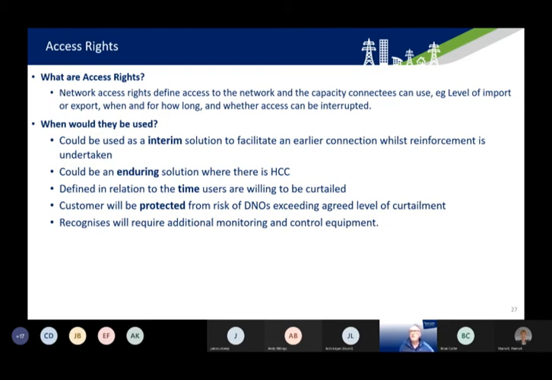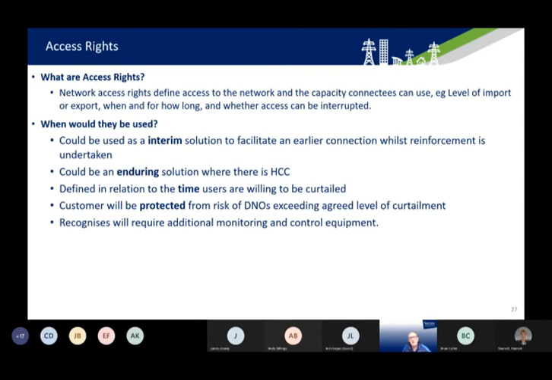Where they've got to now is saying that, because in most cases customers will be paying for any reinforcement, whilst, as I said before, we DNOs generally offer flexible connections where customers can choose to be curtailed and avoid the cost of the reinforcement, that's a fairly standard product across DNOs currently.